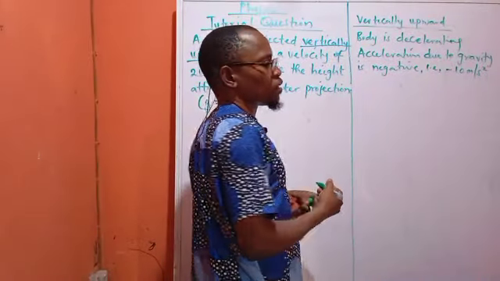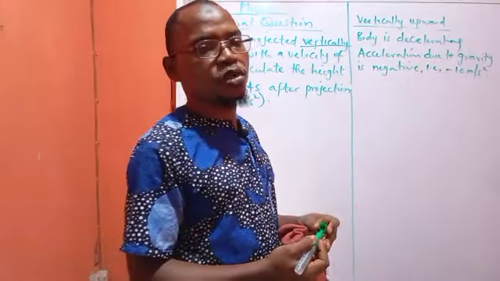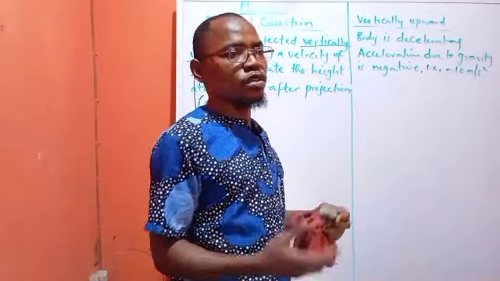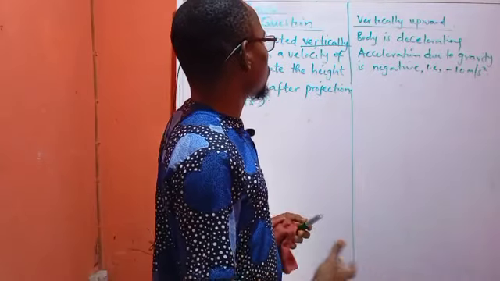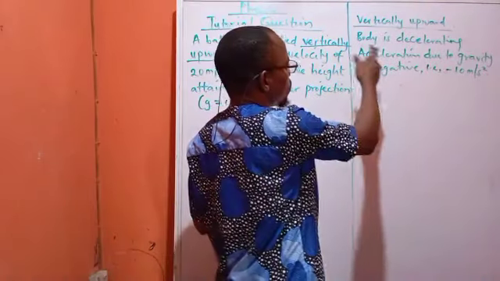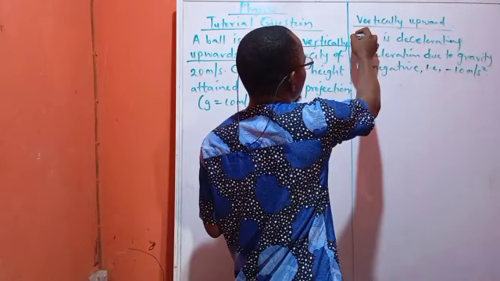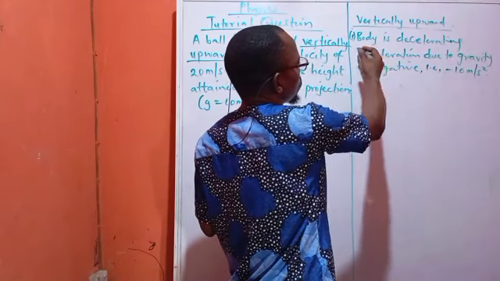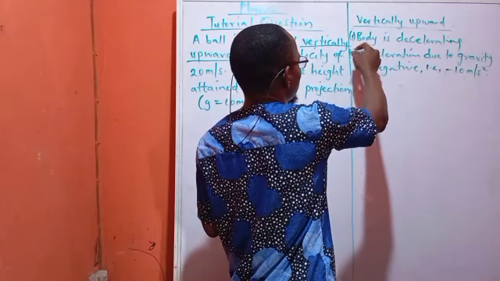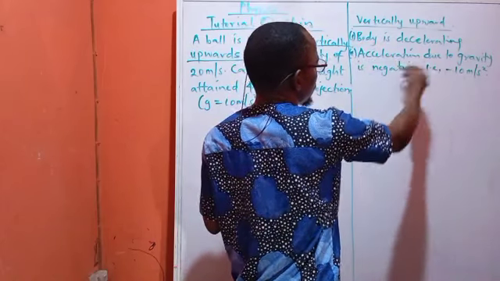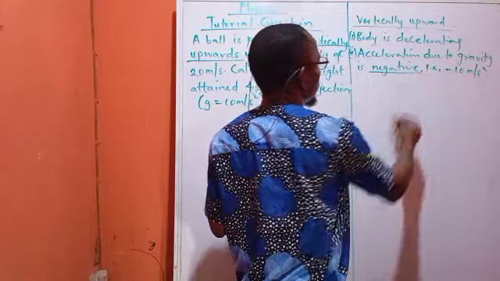If you are given 9.8 meters per second squared, it will be minus 9.8 meters per second squared. So this is the first thing we have to take note of: such a body is decelerating. Another point is the acceleration due to gravity will be negative.